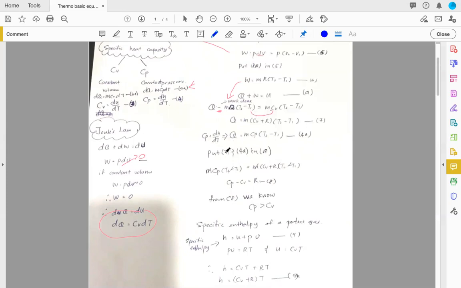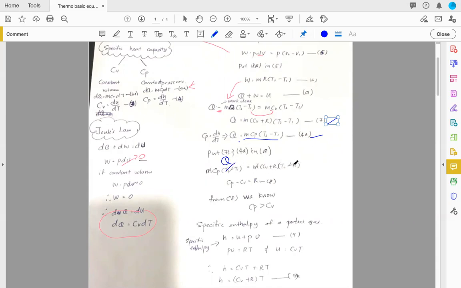Okay, so we put 7 and we put 4a into Joule's law. So we have the Q, this is the equation 7, so just plug everything here and we try to simplify it.